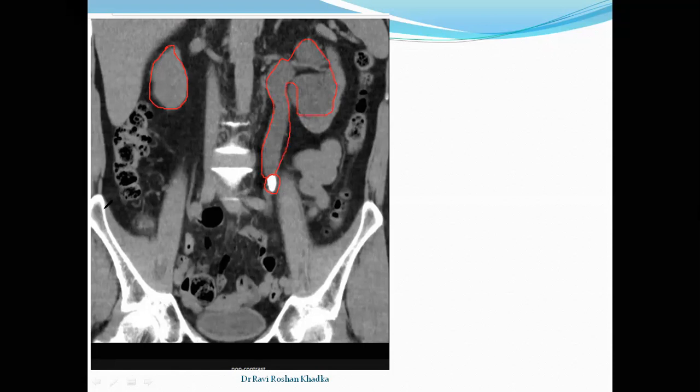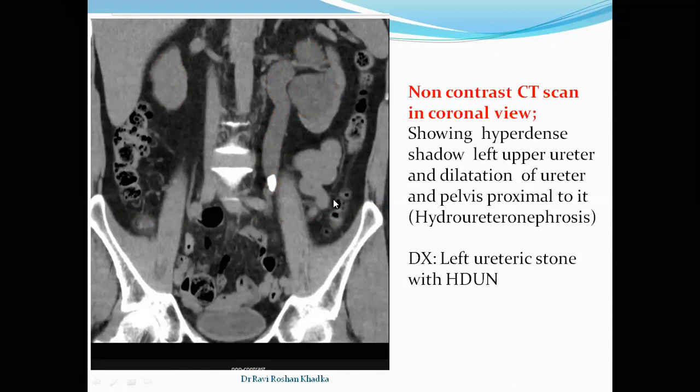And this stone is above this line, that is above the sacroiliac joint. So there is a hyperdense structure at the upper ureter associated with hydroureteronephrosis. So this is the case of left upper ureteric stone with hydroureteronephrosis. HDUN means hydroureteronephrosis.